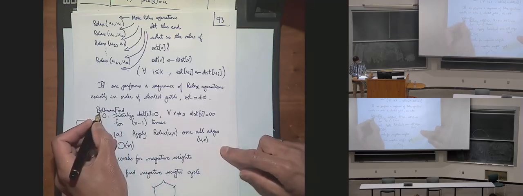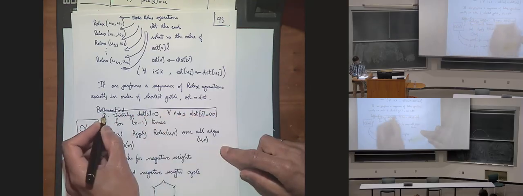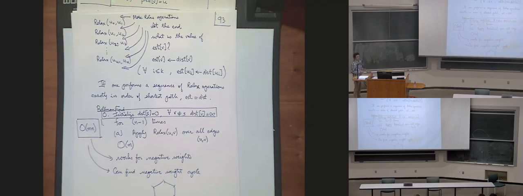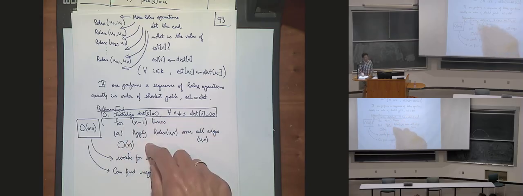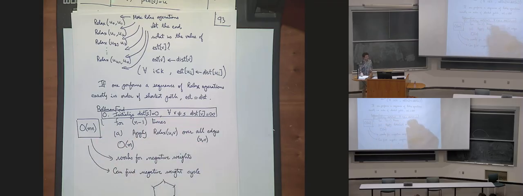This is the only place where the source enters the whole algorithm, because for the rest of it the source doesn't even matter. After that, you're just doing all these relax operations and the information gets propagated.